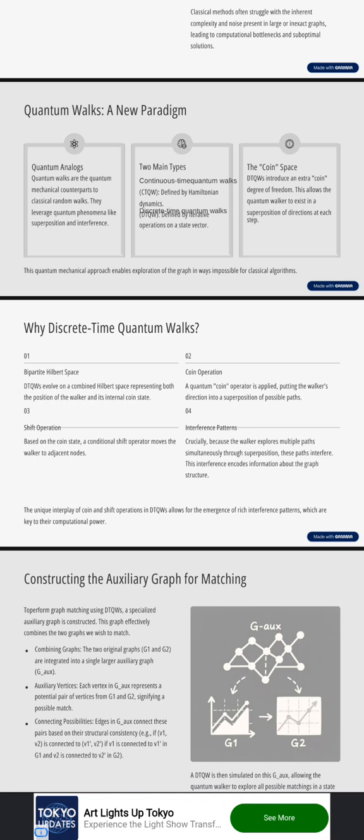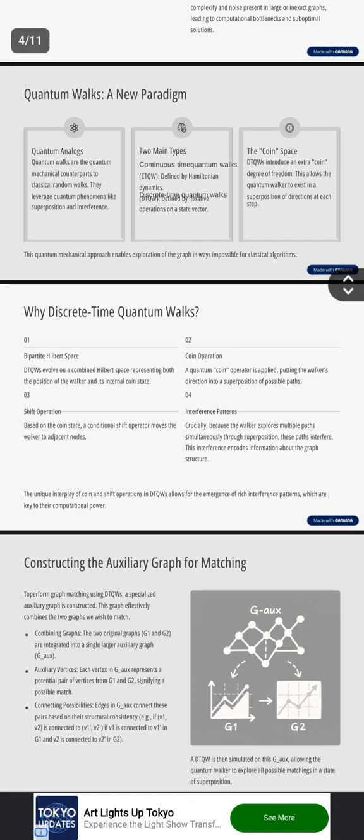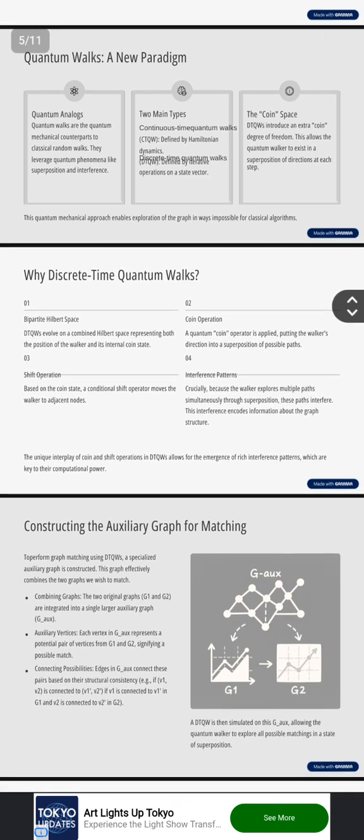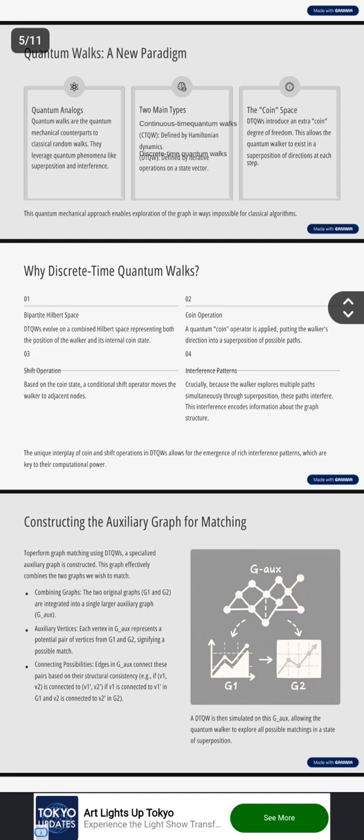Bipartite hybrid space: DTQWs evolve on a combined hybrid space representing both the position of the walker and its internal coin state. Next is coin operation. A quantum coin operator is applied, putting the walker's direction into a superposition of possible paths. Next is shift operation. Based on the coin state, a conditional shift operator moves the walker to adjacent nodes.